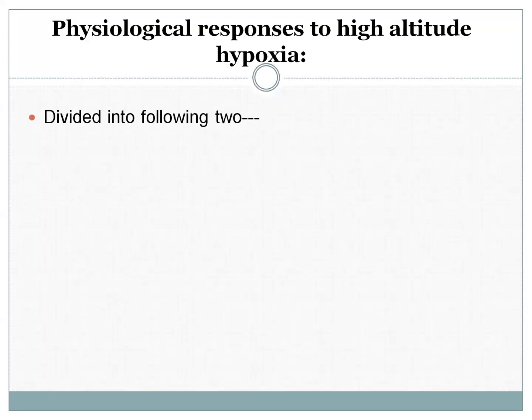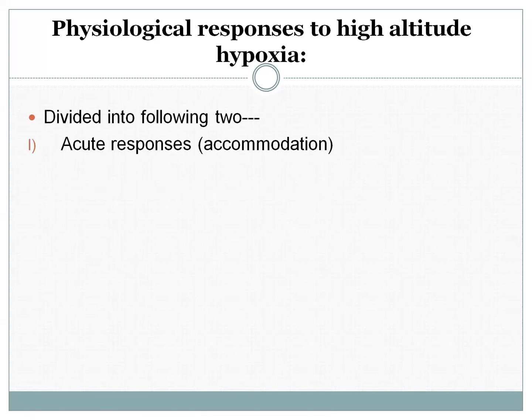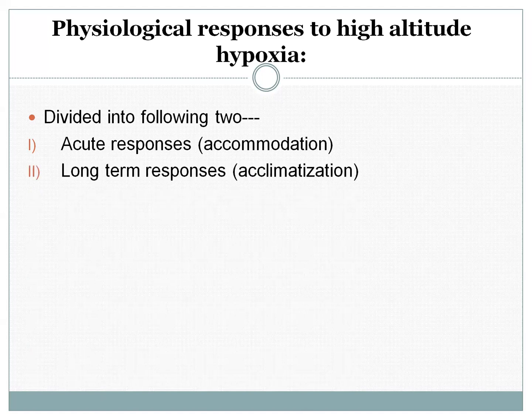Now, what are the physiological responses to high altitude hypoxia? These physiological responses are divided into two types. First, acute responses, which are known as accommodation, and second, long-term responses, which are known as acclimatization.